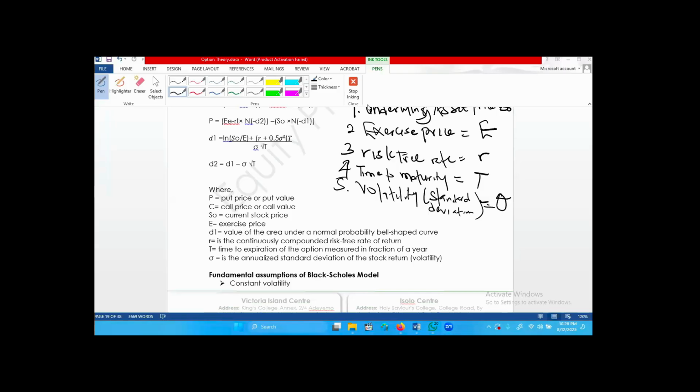Your small letter r, continuously compounded risk-free rate of return. Letter T, time to expiration.